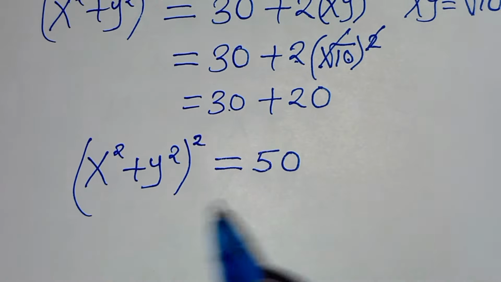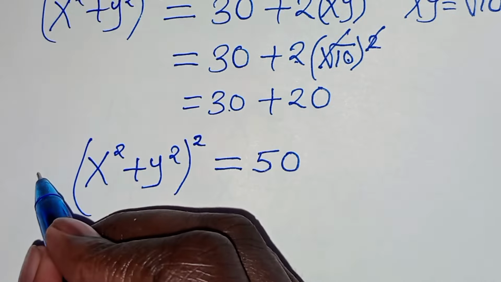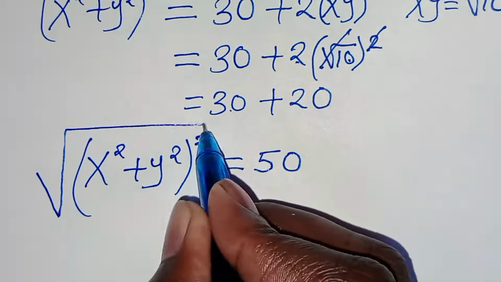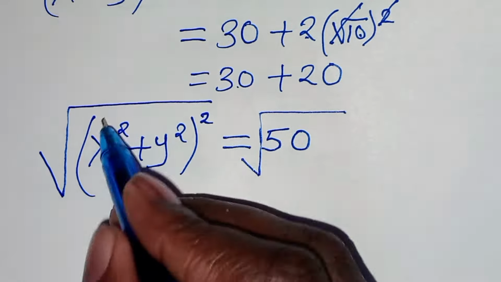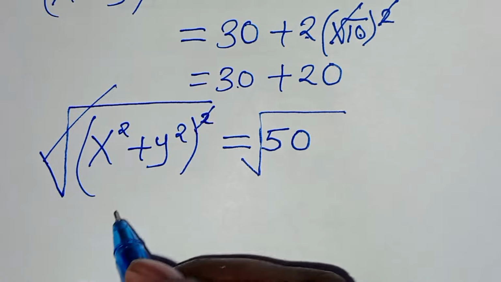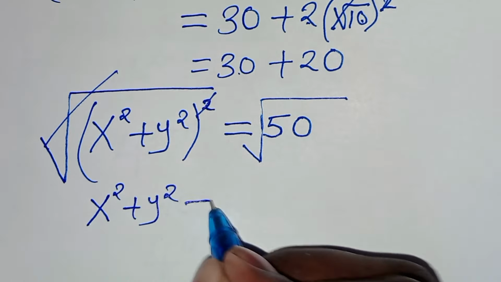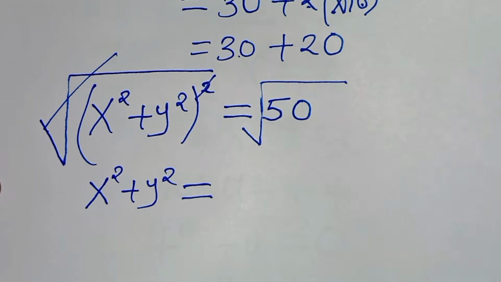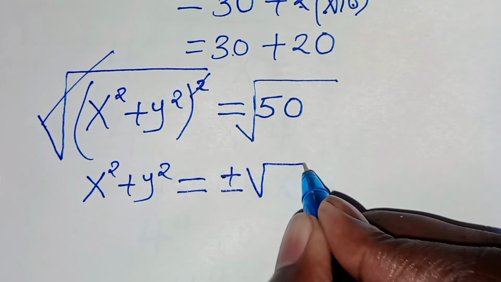The next step from here, to solve for x² + y², we have to introduce the square root sign on both sides, so that we eliminate the square, so that now x² + y² is equal to plus or minus the square root of 50.